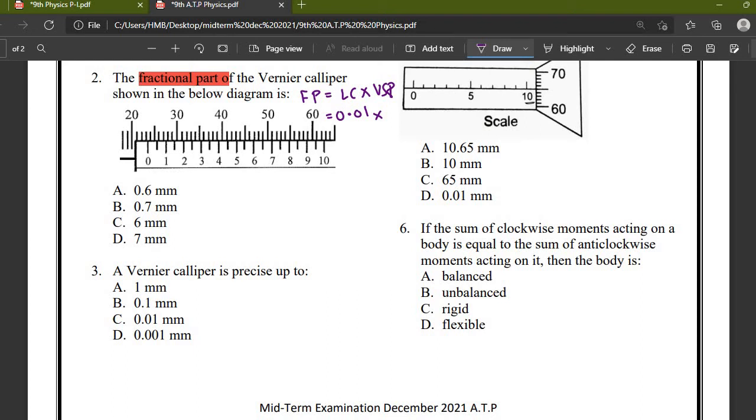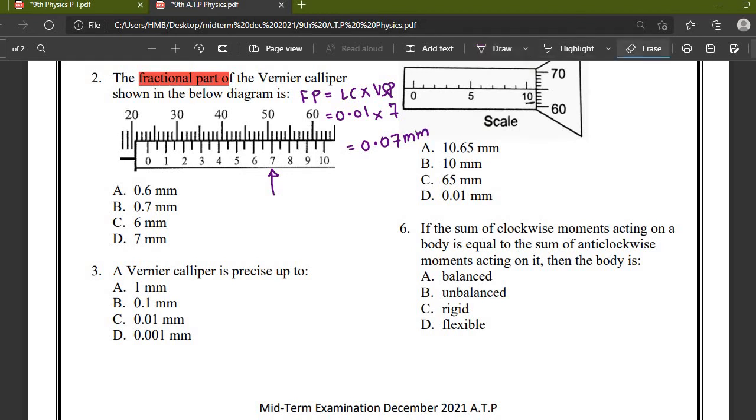So as we can see, this 7 exactly coincides with a division on the main scale. So the fractional part or vernier scale reading is 7. So fractional part will become 0.07 millimeters.